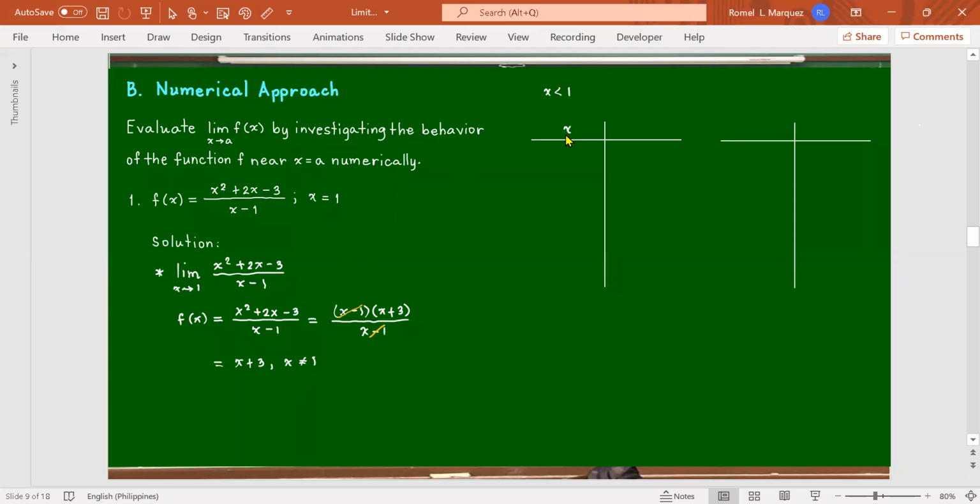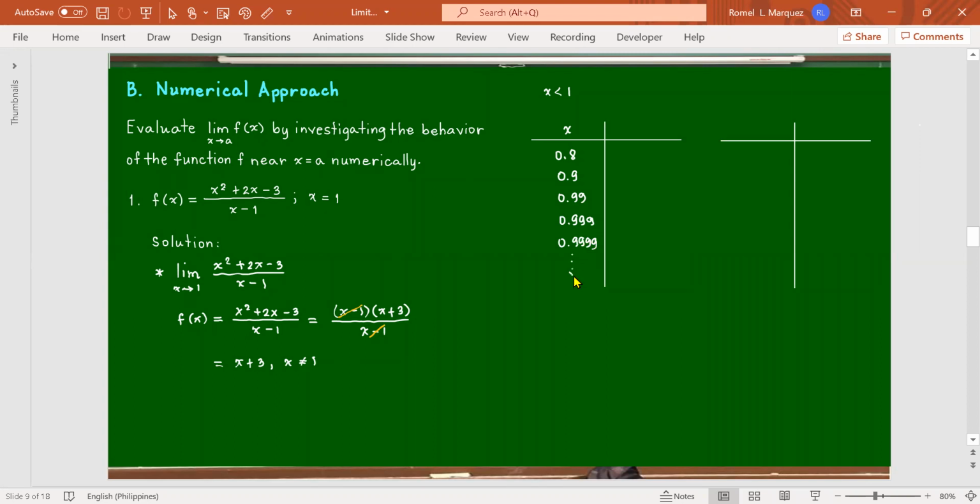So for x values, let's say, beginning with 0.8, then 0.9, then 0.99, then 0.999, up to 0.9999 and so on, no?